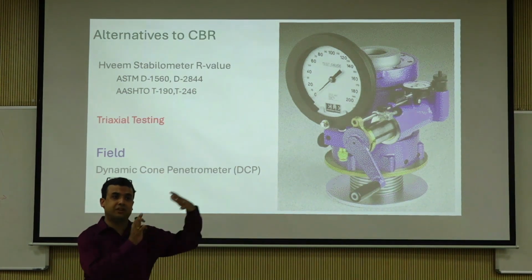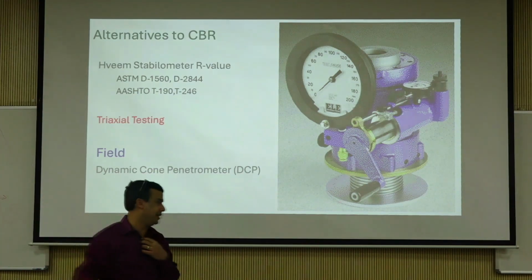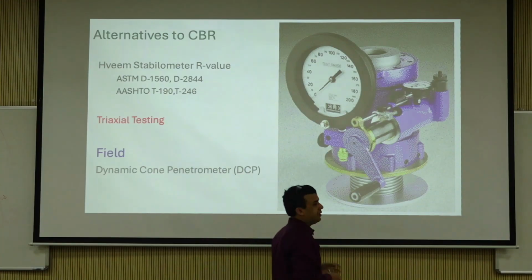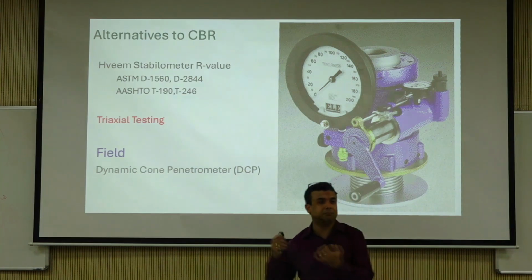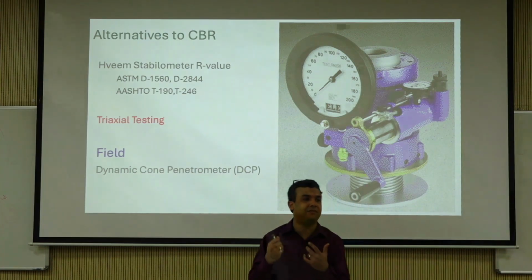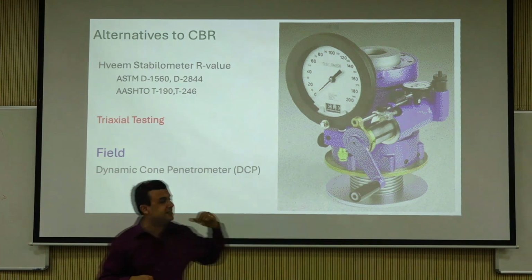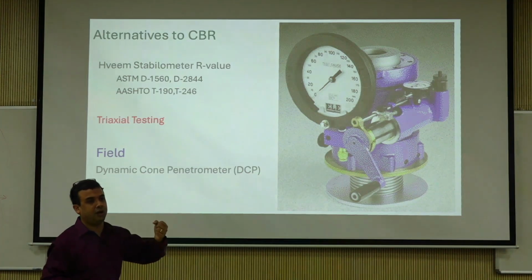So there is Marshall, there is Hveem, and then there is Superpave, and now BMD. Hveem developed something called a stabilometer, and I am a bigger fan of the Hveem stabilometer than of CBR, because to me it's a lot more scientific than just punching a soil.